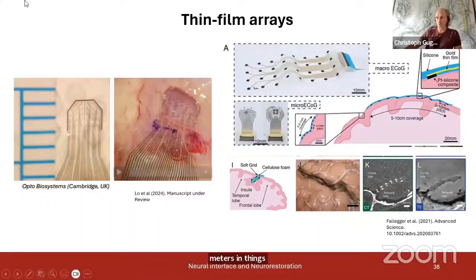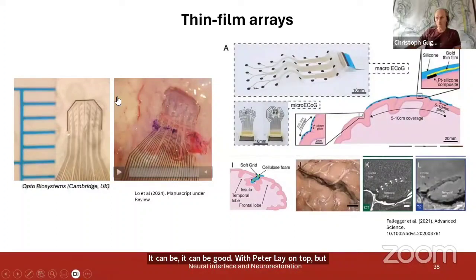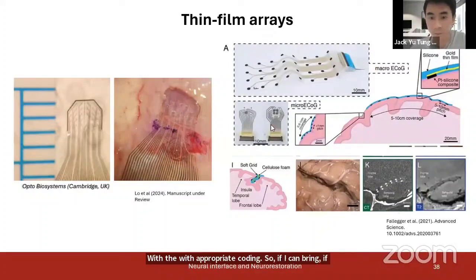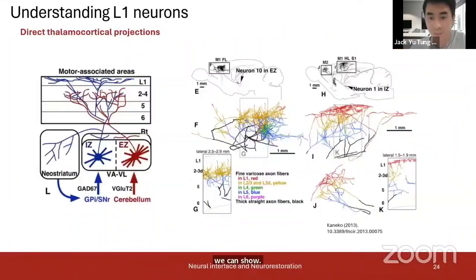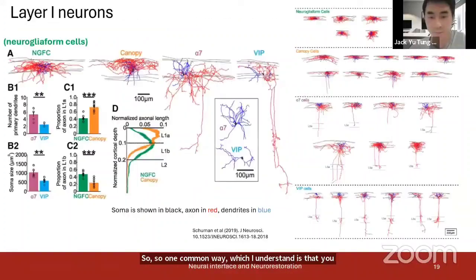And Said is asking exactly about this slide. Isn't the top of the electrode golden? It can be gold with a PEDOT layer on top, but there are other designs, I believe. Is it reacting with the body and the cortex? With appropriate coating. So one common way, which I understand, is that you can have polymer coating.